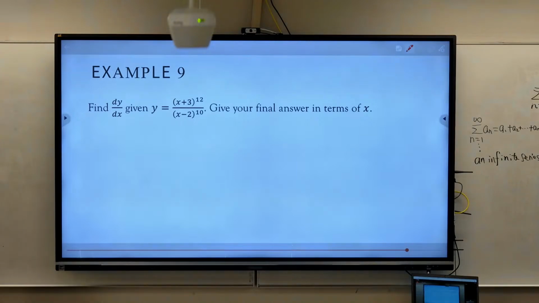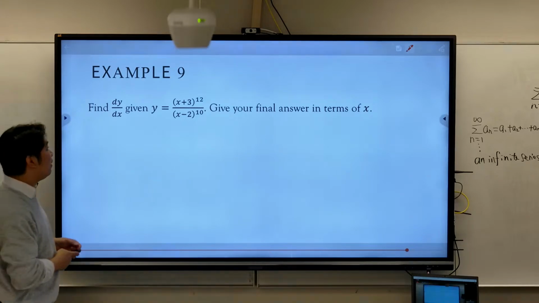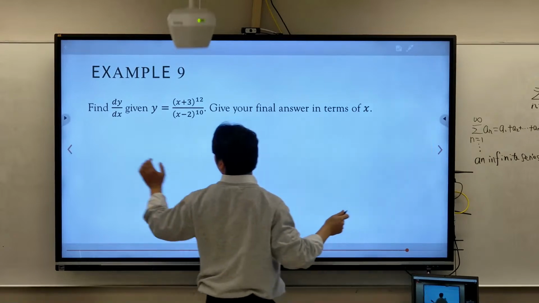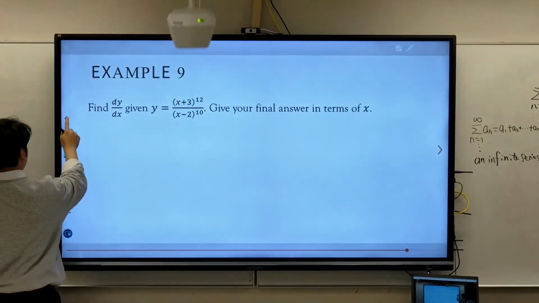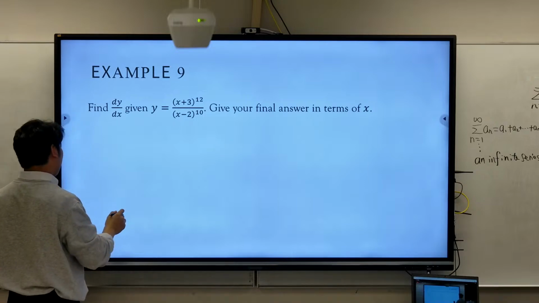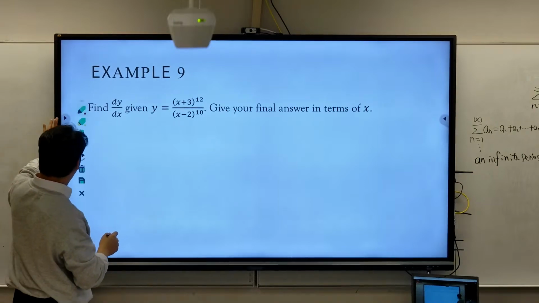So let's see what happens if I try my log differentiation. So to start me off, let's go ahead and put the natural log of the left and the right. So if I do that, let's see, are you going to show up? There we are.